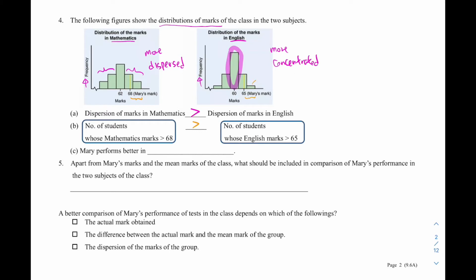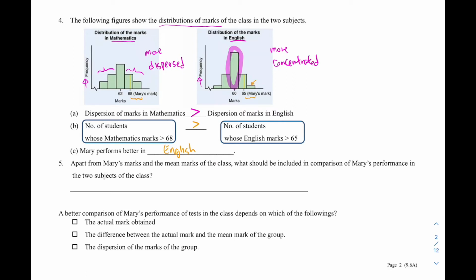You see here, the frequency is less. That means less students. So by comparing, that means Mary performed better in English. She is the top student in English.